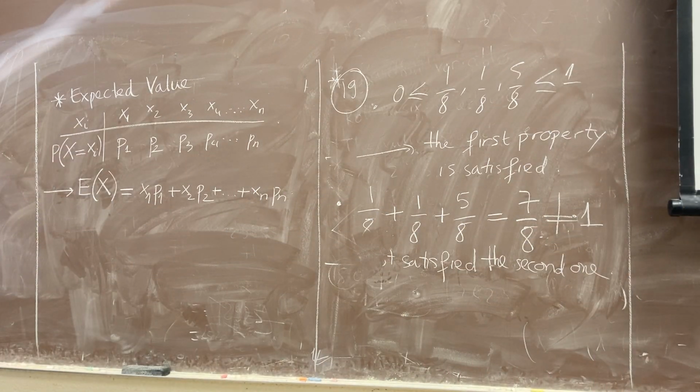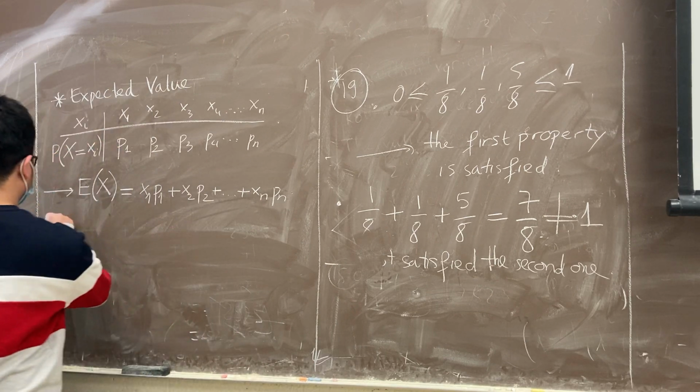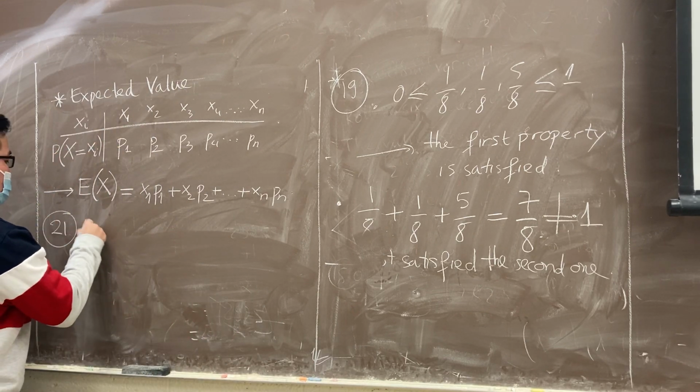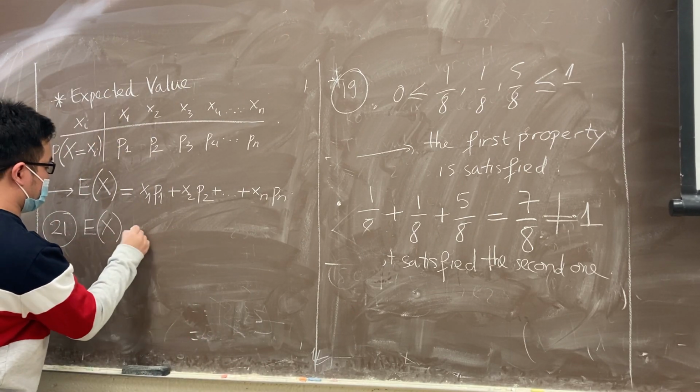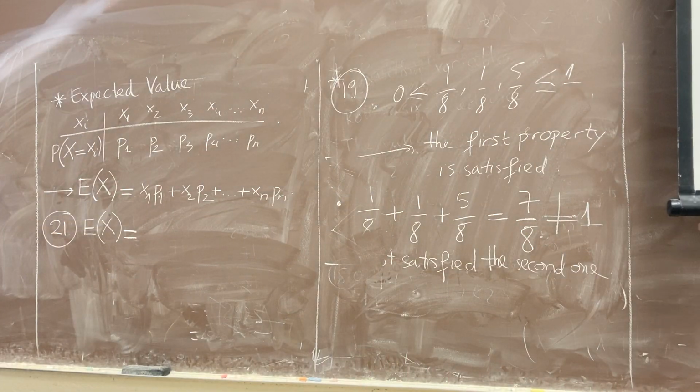Okay, so now we have the table for this, and the question is to find the expected value. Question 21. The expected value here should be calculated by this formula, right?